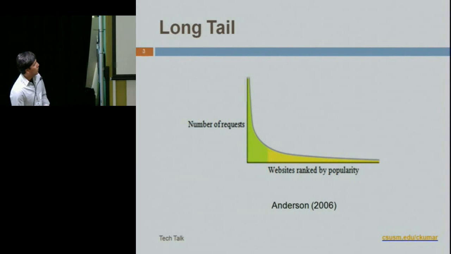Okay, so let's start by first having a brief introduction of the long tail model. Now, given this audience at Google, I'm sure many of you are already aware of that, so I'll keep this reasonably short.